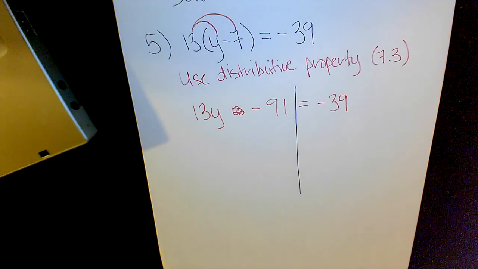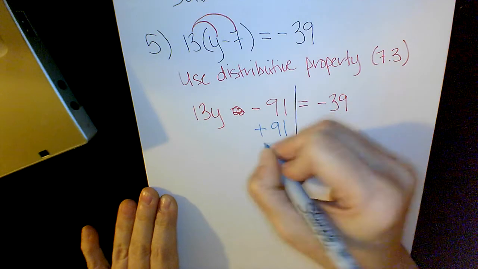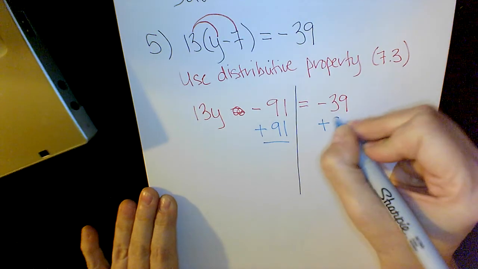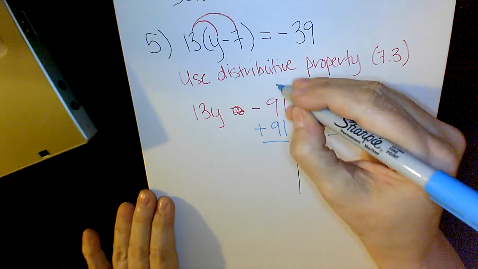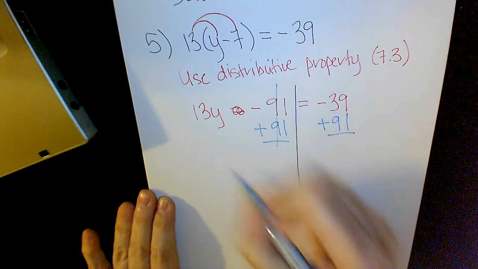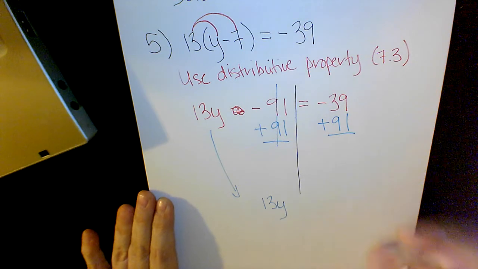So what will undo -91? We're going to add 91. Okay, and these 91s cancel, and I'm going to bring this 13y down.